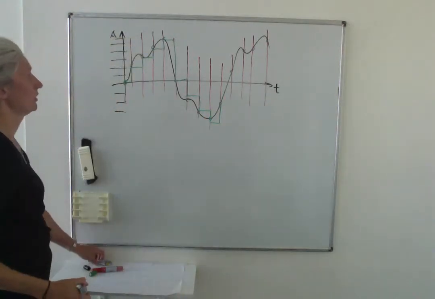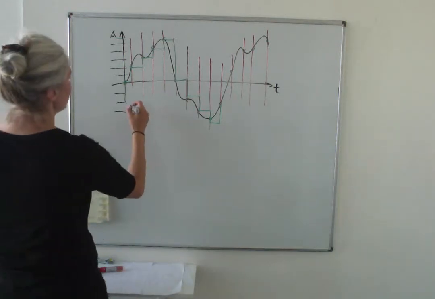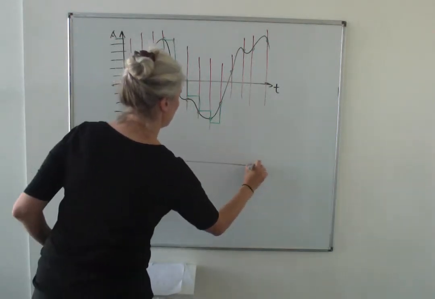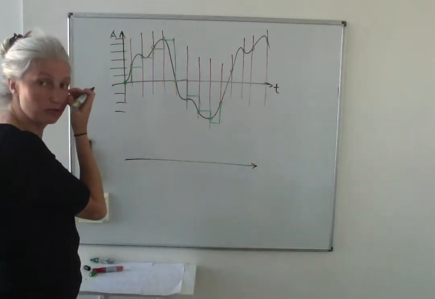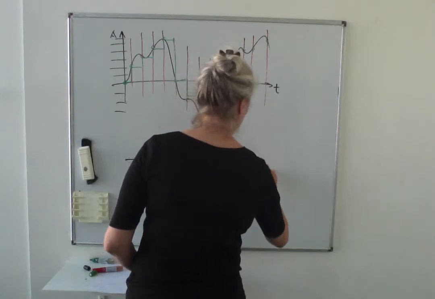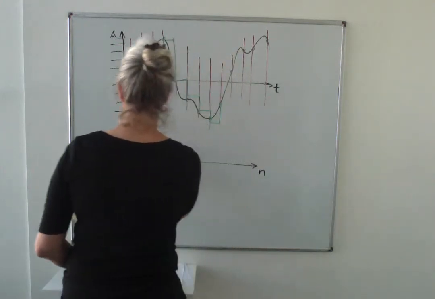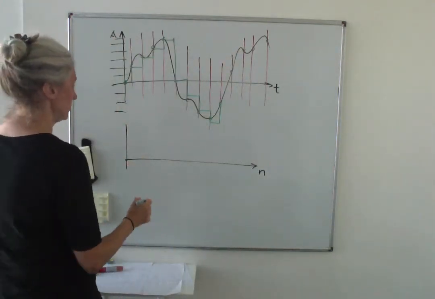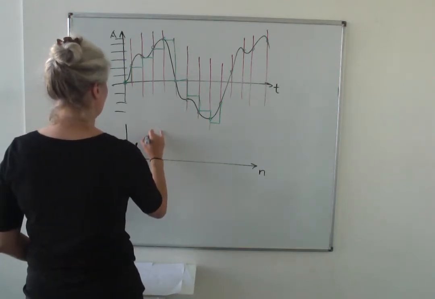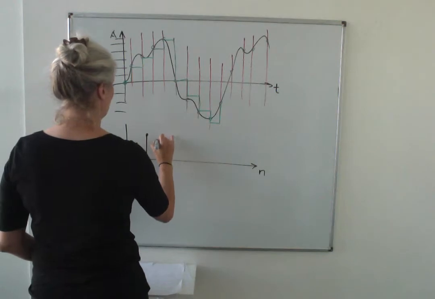And once we get it into the computer, what we have is not a time series anymore as such. It's not a continuous time series, rather. It's a series of a vector with which we can represent like this. The stem plot.